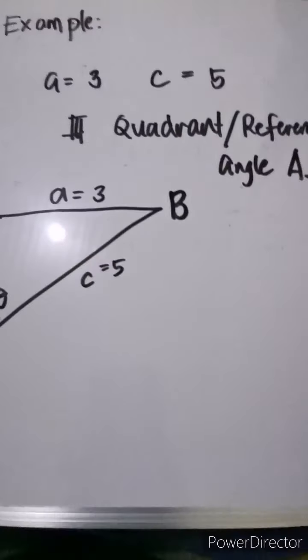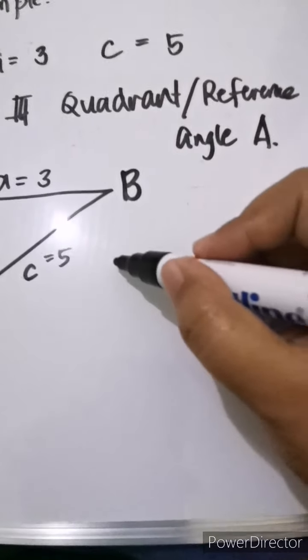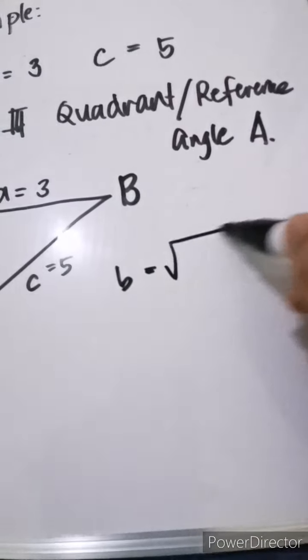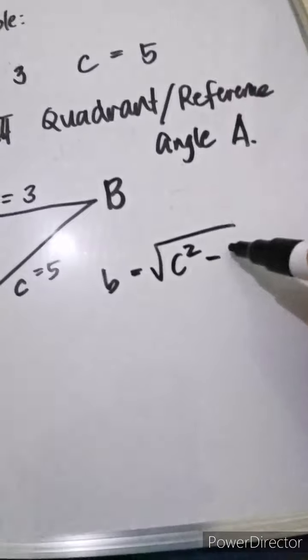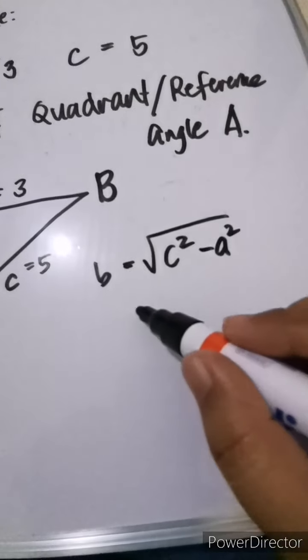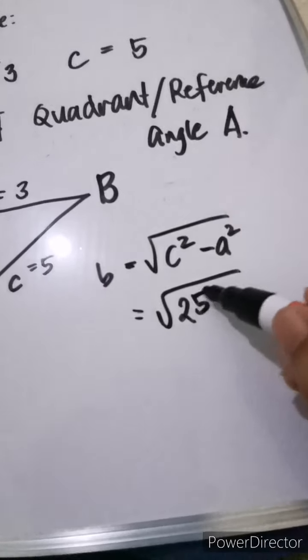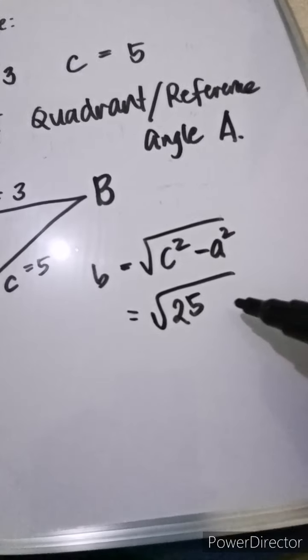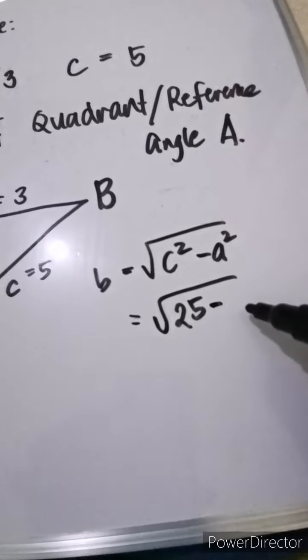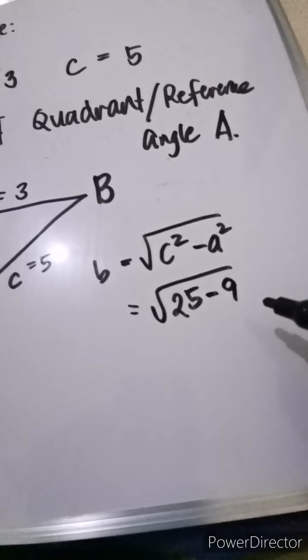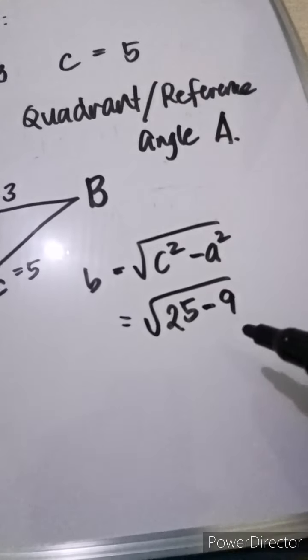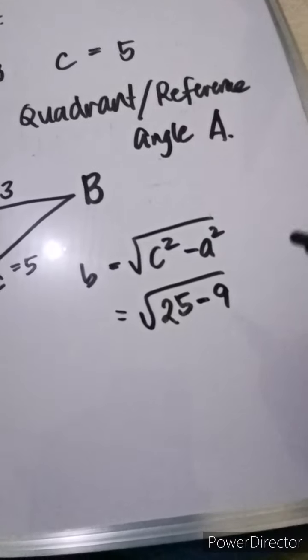Okay, in solving for the B, sabi natin, B is equal to square root of C squared minus A squared. So, C squared is 25. Bakit 25? Kasi 5 times 5 minus A squared is 9. Bakit naging 9? Kasi siya ay 3 times 3.